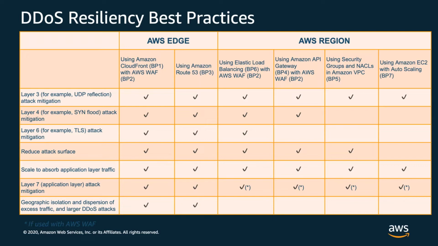This is significantly better than having a regional resource like an elastic load balancer. So this is an important note that I wanted to make in terms of distinguishing between edge services and regional services. You get a lot better protection in the edge than you do in a single region.